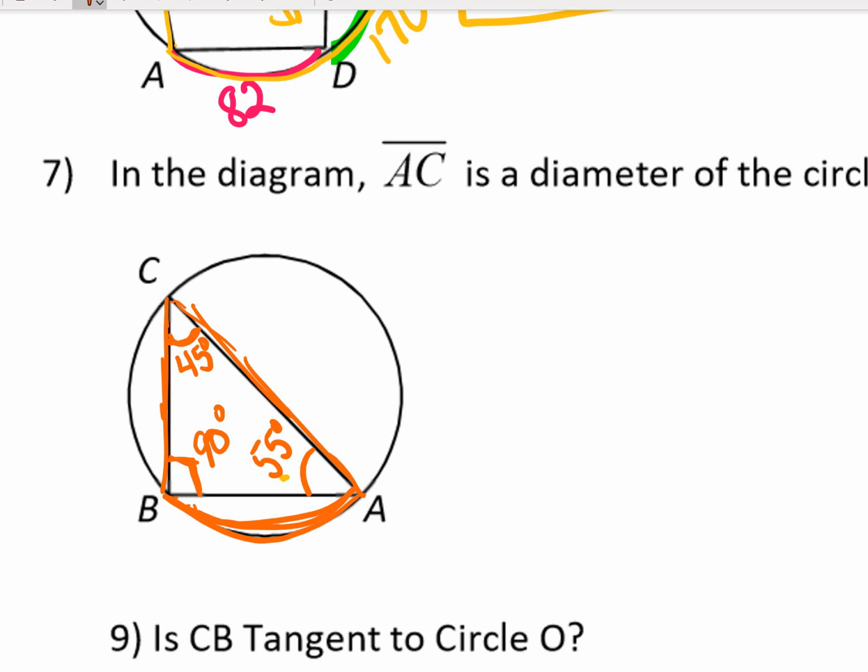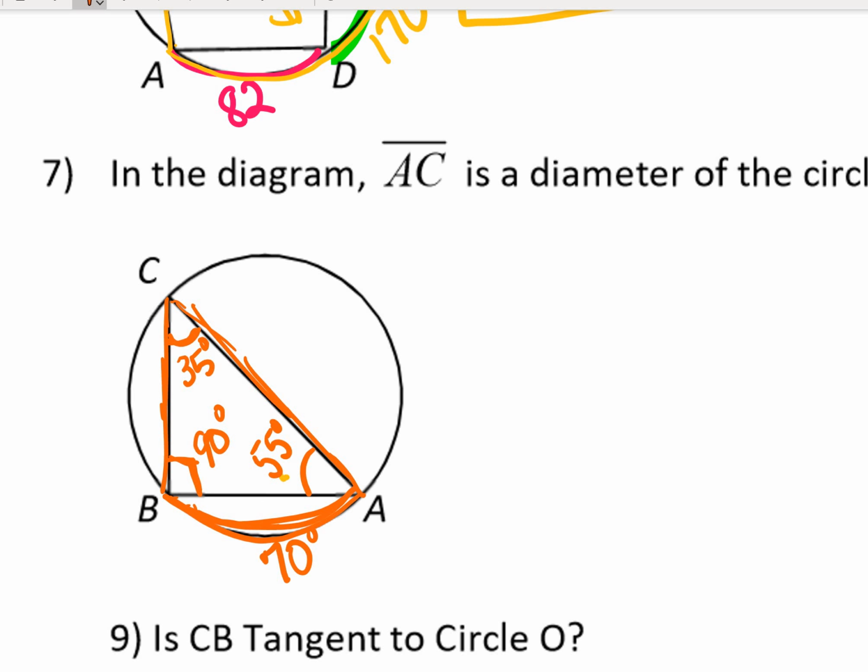Oh, except I've added wrong. Sorry, I knew something was not looking right. Okay, so let's go with 35. 35 and 55 equaling 90. All right, so then across from that is going to be double, 70 degrees.